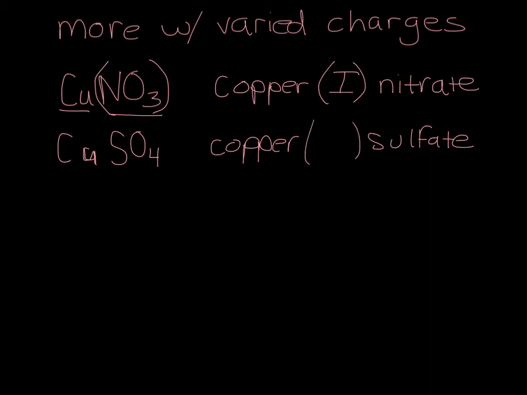But this is the toughest of the examples because you put the parentheses around and you're like, hey, there's only 1 sulfate. But actually, this is copper 2 sulfate. And this is because sulfate's charge is 2- when it's an ion. Therefore, we must have 2+ here to make them equal and opposite.